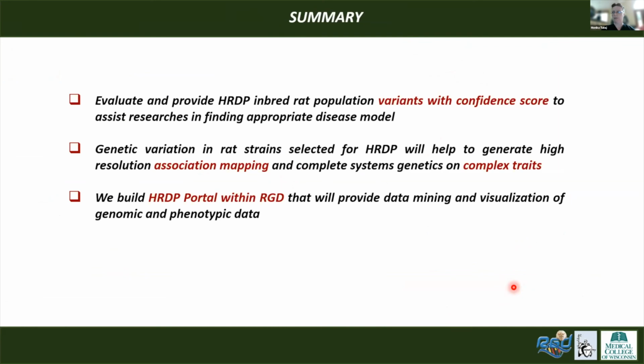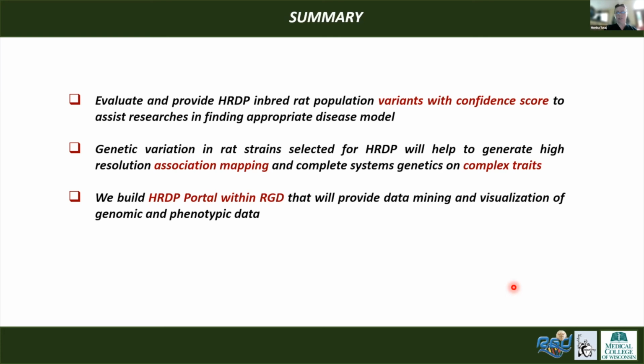So in summary, I don't know if I've got the time for a summary. In any case, what we are trying is to generate this population of variants with a confidence score, to assist in finding an appropriate disease model for personalized medicine and genetic variation in rat strains.